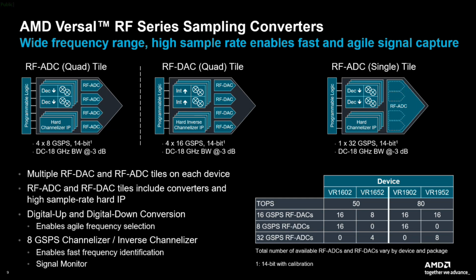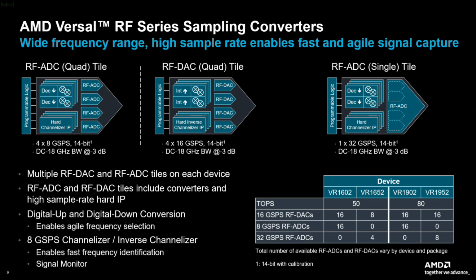So this shows our 4 main SKUs in the Versal RF series. We have a 16XX family, which is a 1602 and a 1652, okay? And we have a 1902 and a 1952. At a simple level, the 1902 and the 1952 have about twice the DSP processing capability.